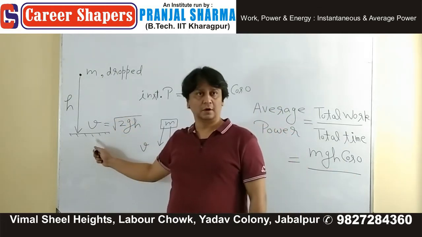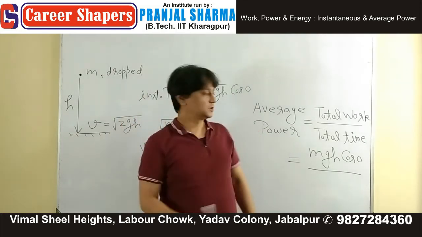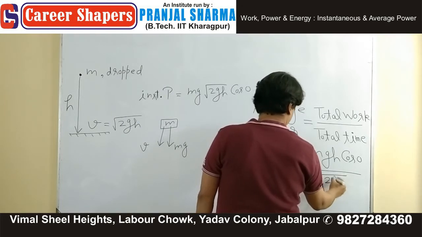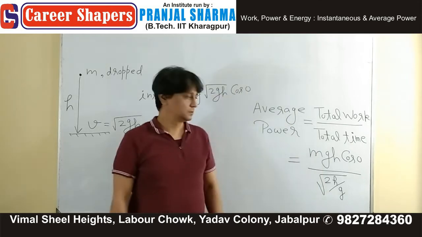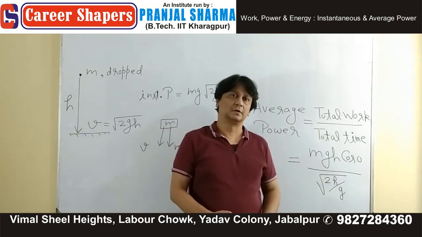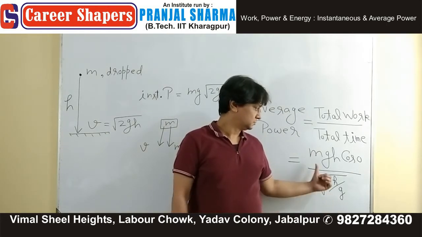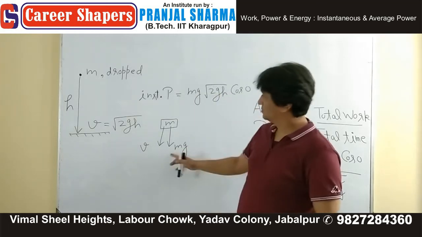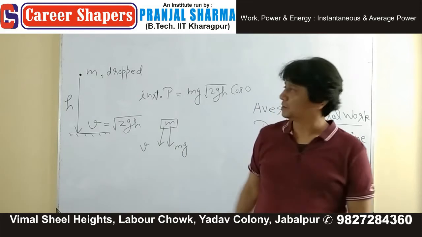Time of fall, not always, only if object is dropped, is given by root over 2h by g. Done. That's how you solve these questions. This is average. This is your instantaneous.